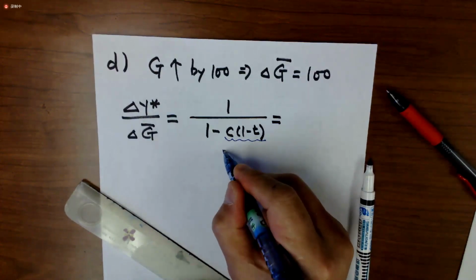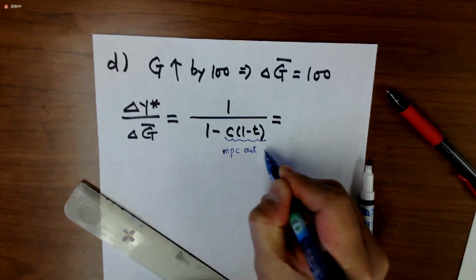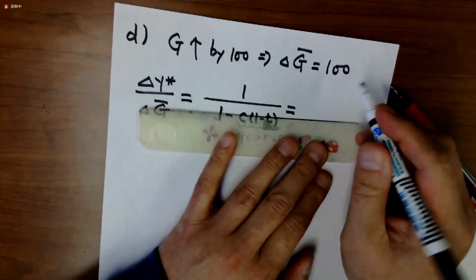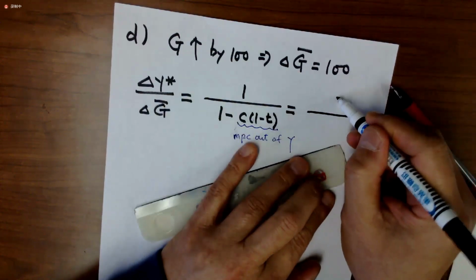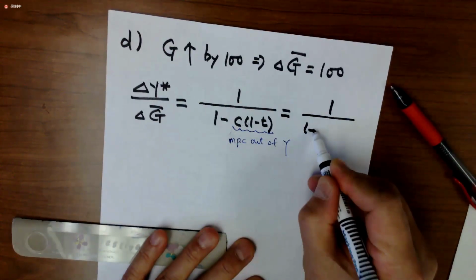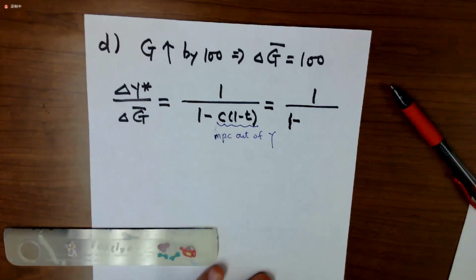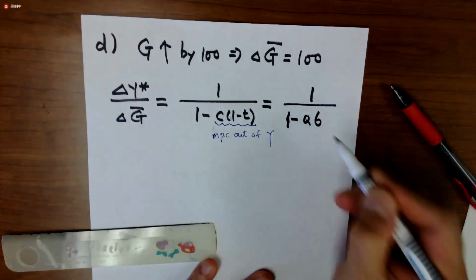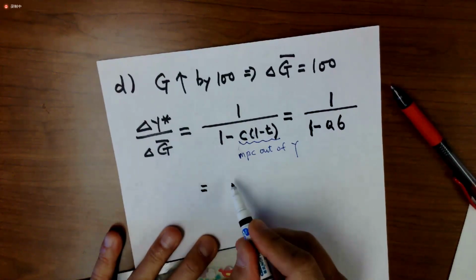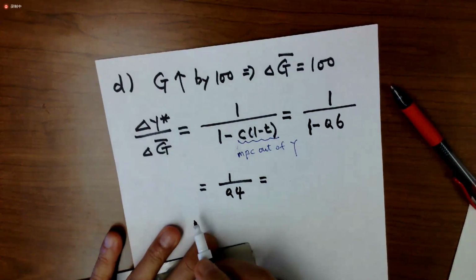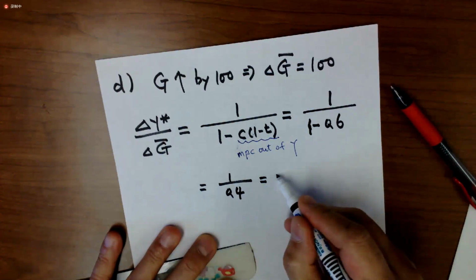The MPC out of total income. Do I know what the MPC out of total income is equal to? 0.6. So therefore, this is 1 over 0.4.